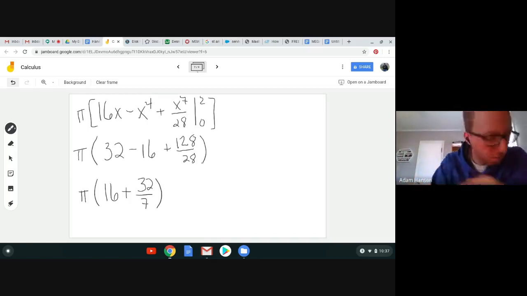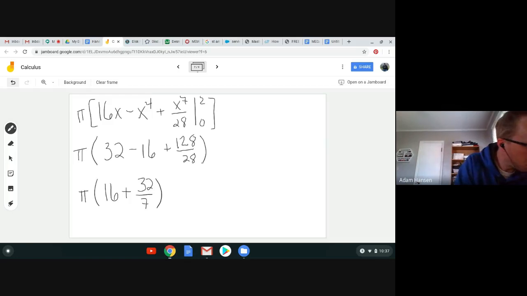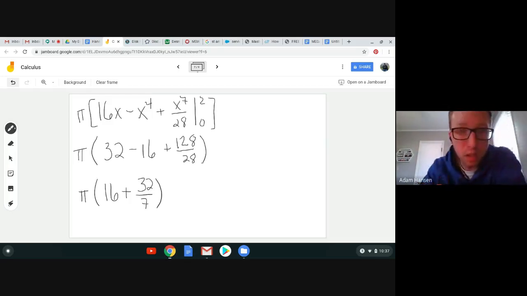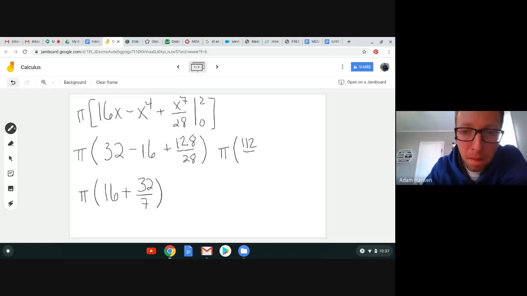Finding a common denominator, 16 would be 112 sevenths, plus 32 sevenths. 112 plus 32 is 144 sevenths, or 144 pi over 7.